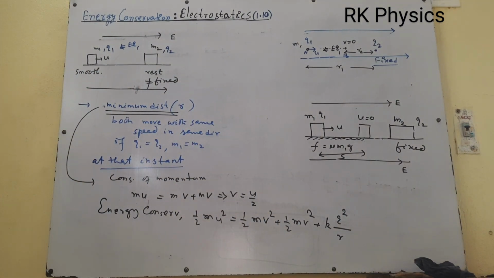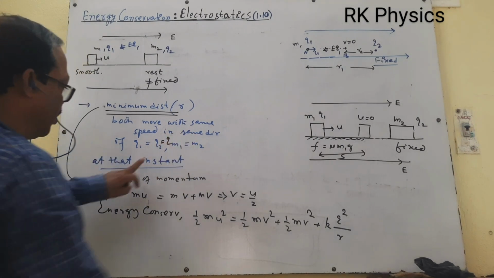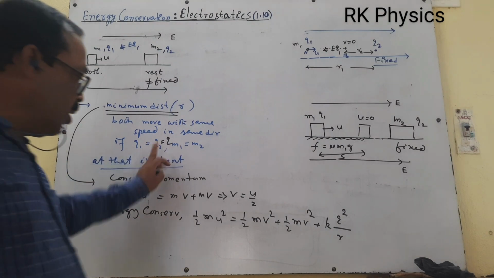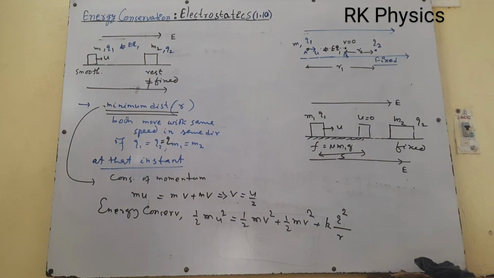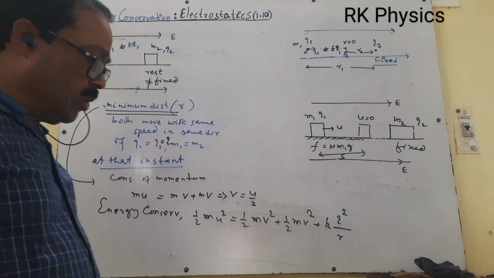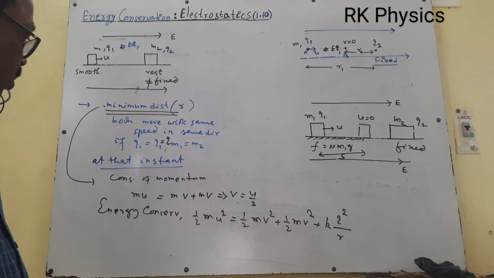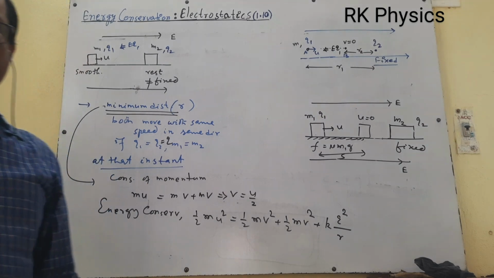Both charge magnitudes are the same, Q1 equals Q2 equals Q. So this is your equation. Now how many symbols are there? If all are given except any one symbol, you can calculate that property with the help of this type of equation.